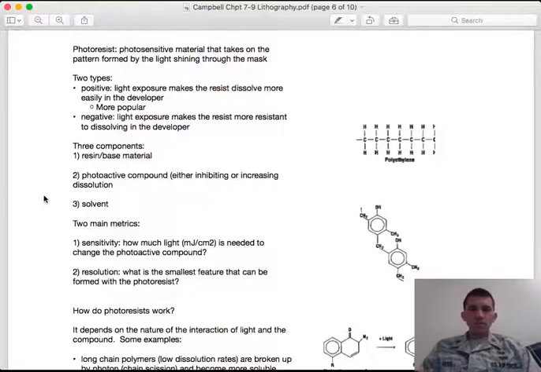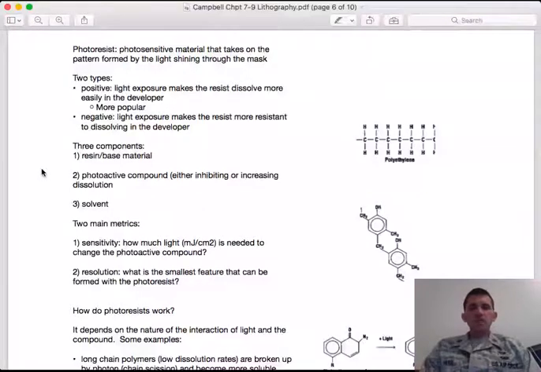This change is in response to the pattern. So you create the change in areas where the light shines, and in areas where the mask is blocking light, you don't create that change, and so you reproduce your pattern in the photoresist.